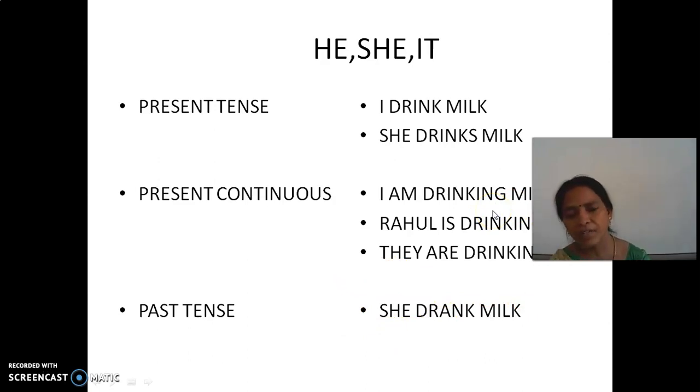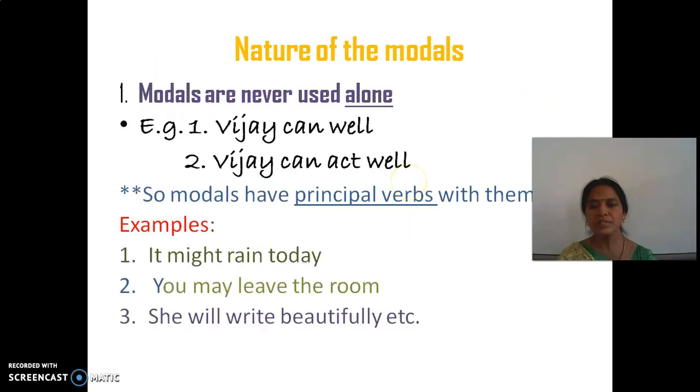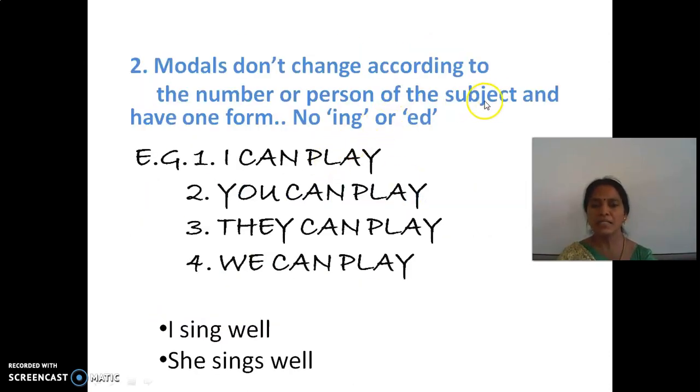I hope you have understood what it means to say person, number and subject. When the subject is the first person, the second person, the third person, or a singular or a plural, it makes no difference.